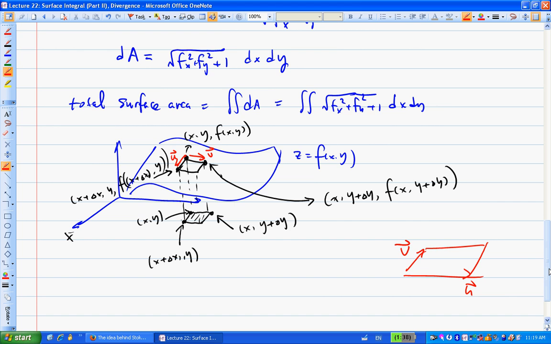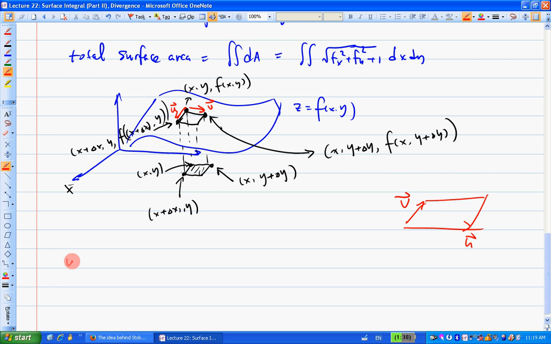So that's how you obtain the u and v, from the corner coordinates.